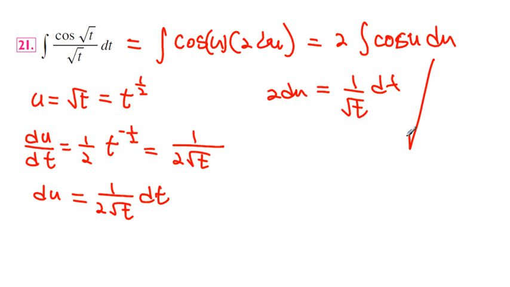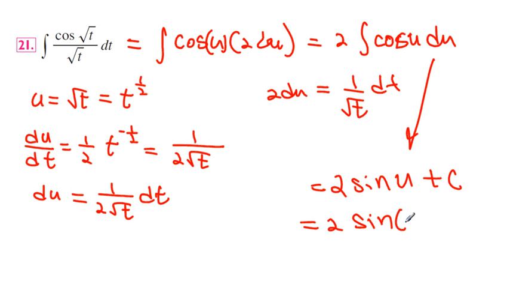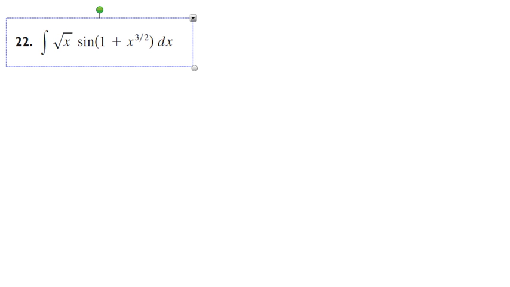Now when you take the antiderivative of that, we end up getting 2 sine of u plus c. Obviously u was the square root of t, so we end up getting 2 sine of square root of t plus c. Alright, let us move on to number 22.